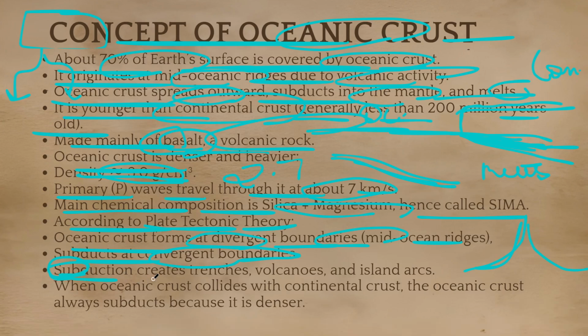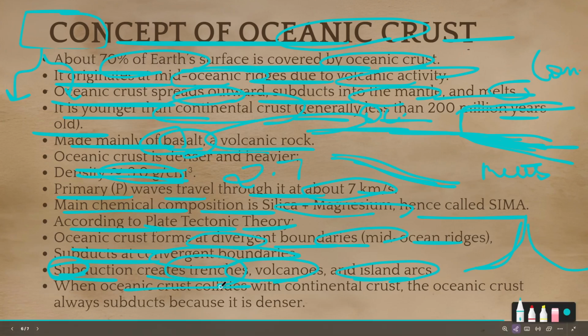So in subduction, the oceanic crust goes downwards, and this creates the trenches, the volcanoes, and the island arcs. When oceanic crust collides with continental crust, the oceanic crust always subducts because it is denser.